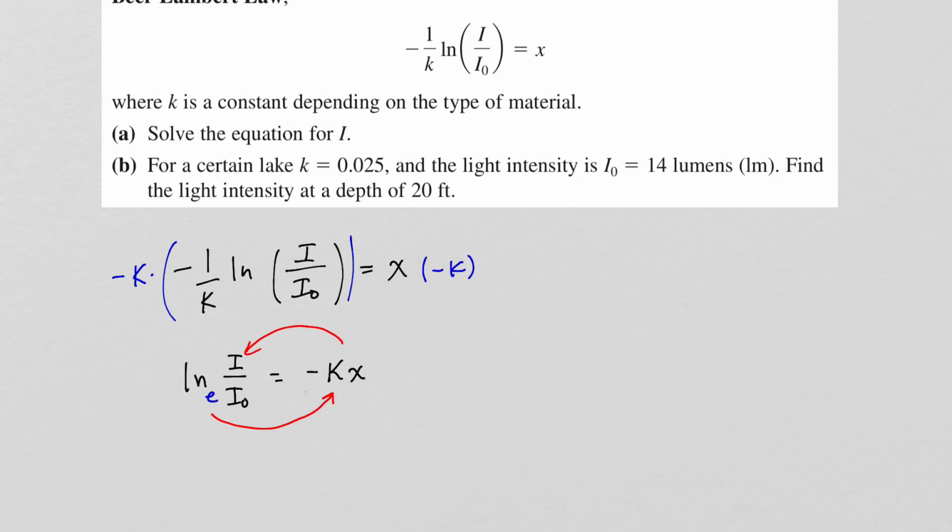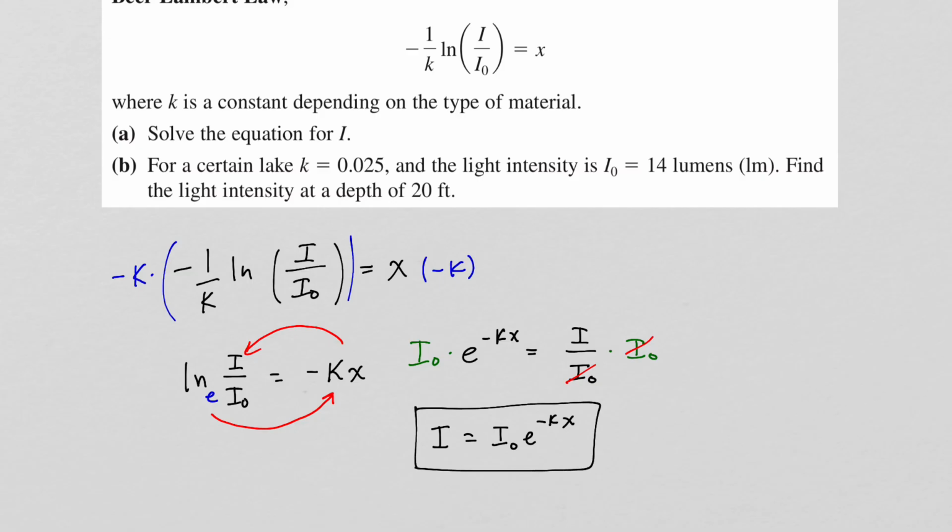We can write this as e to the -kx is equal to I divided by I naught. And then to solve for I, we're just going to multiply both sides here by I naught. That will cancel this out. And we get I equals I naught e to the -k times x. So this is the first part of the problem.